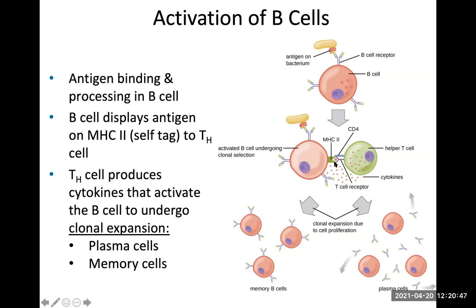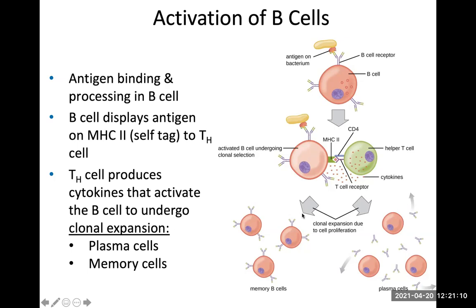You're correct. You detected this antigen and we need to do something about it. And so the helper T cell releases cytokines. And those cytokines tell the B cell, yes, go ahead and make a clonal army, right? Clone yourself hundreds and hundreds of times.